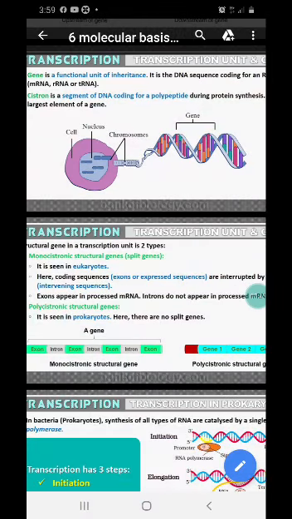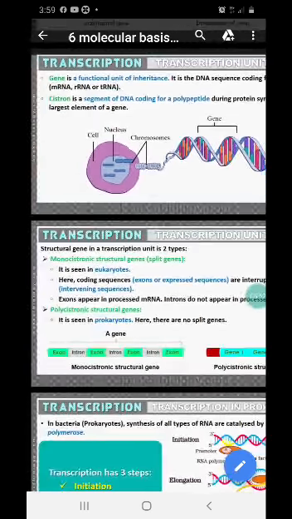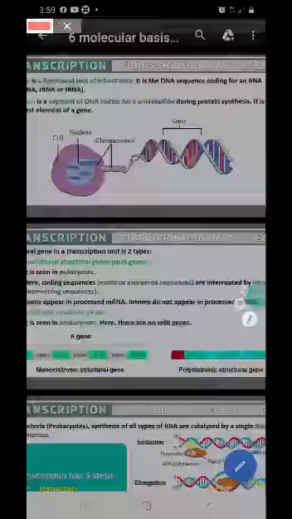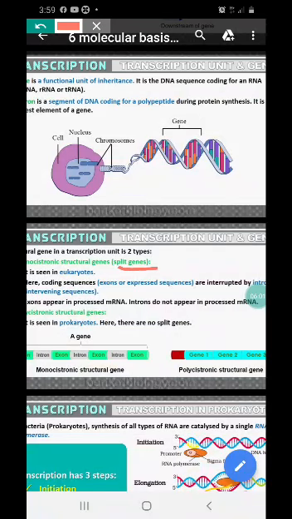And one other difference between eukaryotes and prokaryotes is that in our monocistronic structural gene, we have a split gene arrangement. What is that? We have split genes. Here you can see there are introns and exons arranged in sequence. What are these introns and exons?